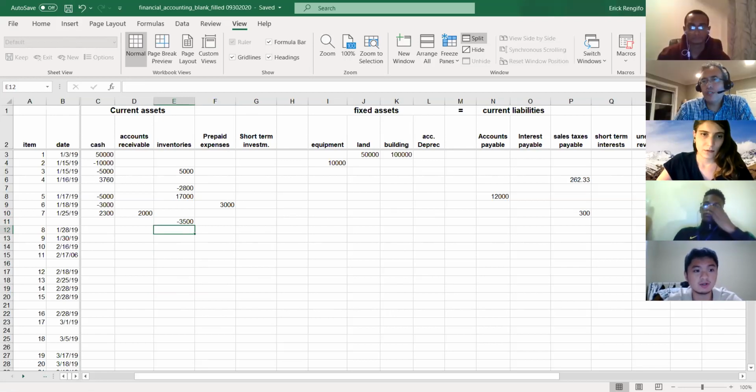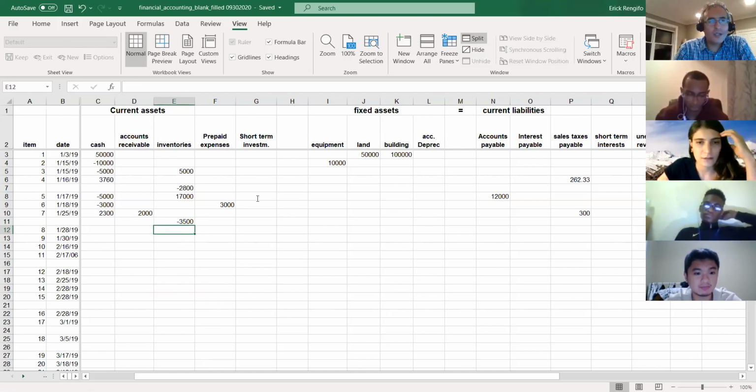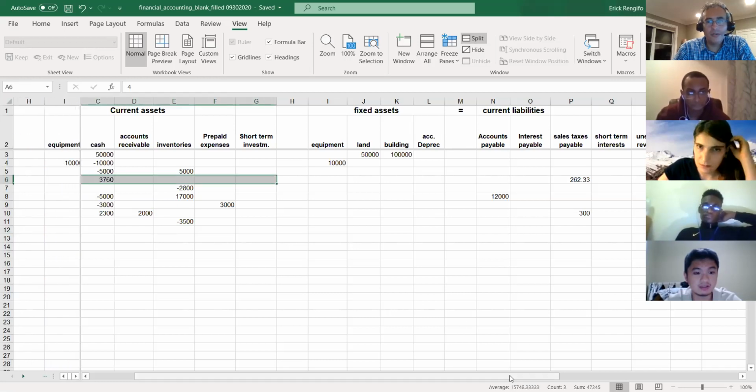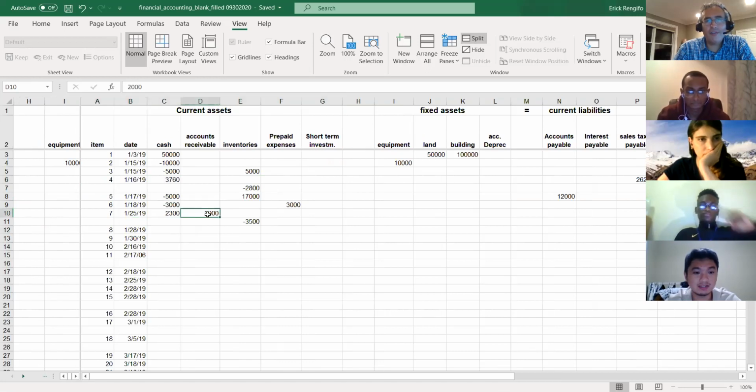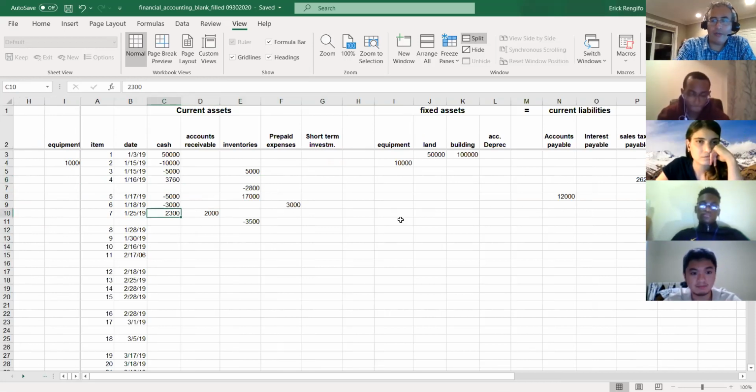Sorry, so the difference between item 4 and item 7 is that in 7 I have all cash? No, I mean in terms of the sales tax, because I got a little confused there. Yeah, the sales tax in this case is 300.